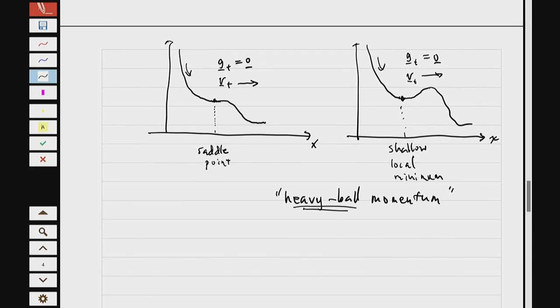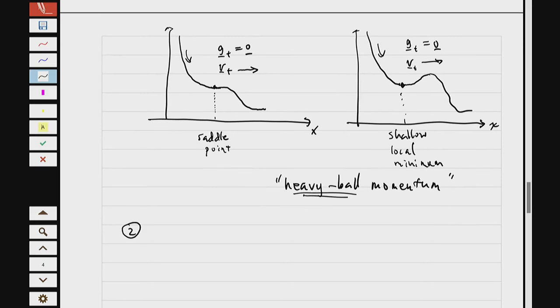So this is a somewhat obvious benefit of having momentum. There's a second, more subtle benefit: even when you have a completely convex function, so no issue with saddle points, no issue with local minima, local maxima, and so on, using momentum can still help you speed up the convergence of SGD.